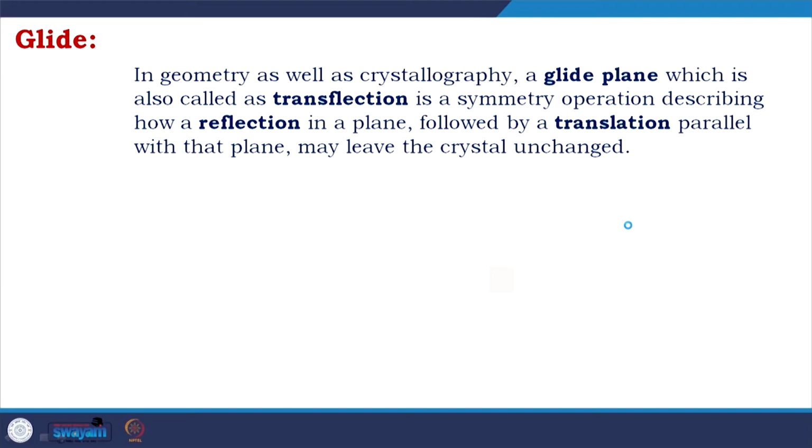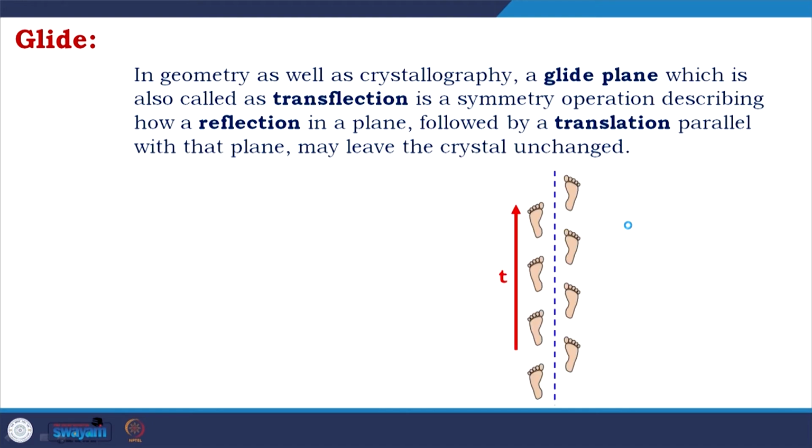So, in geometry as well as in crystallography, a glide plane, which is also called transflexion, is a symmetry operation describing how a reflection in a plane followed by a translation parallel with that plane may leave the crystal unchanged. A very good example is this, where you see that here there is a reflection.